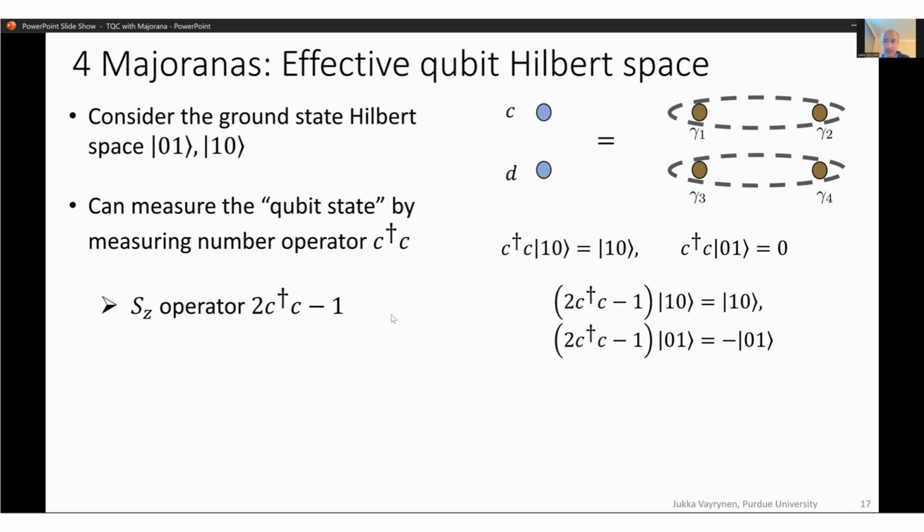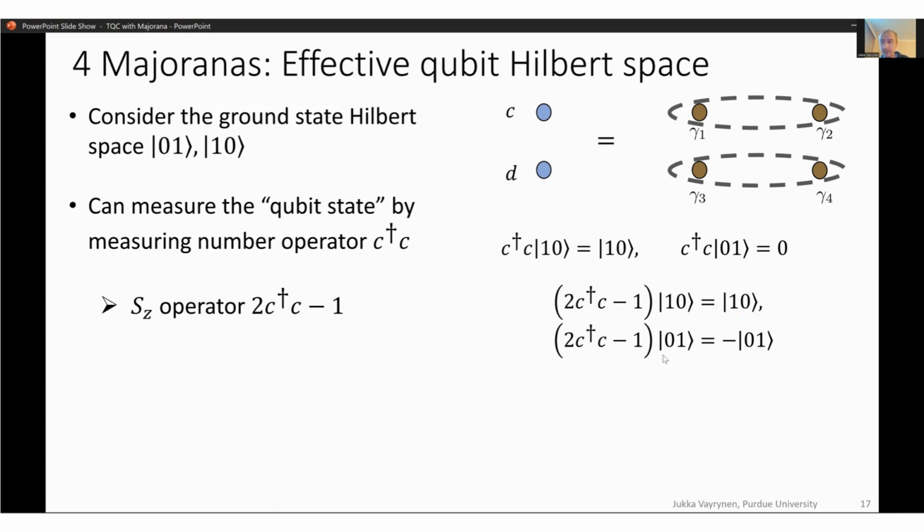So basically, this C dagger C is kind of like a sigma Z operator. More precisely, 2 times C dagger C minus 1 is the sigma Z operator. So if we act with this on the 1, 0 state, C dagger C becomes 1 in that state, so we have 2 minus 1, which is 1. So it's eigenvalue plus 1.